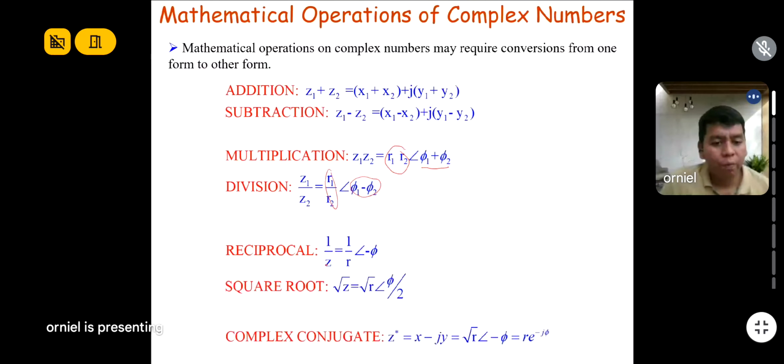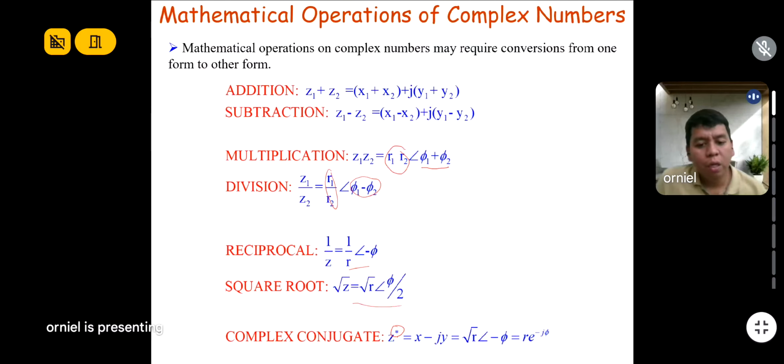Reciprocal using the polar form, this is the equation, and so on and so forth, square root, and so on. In addition, you will see this one with an asterisk. This one, Z asterisk, means Z conjugate.